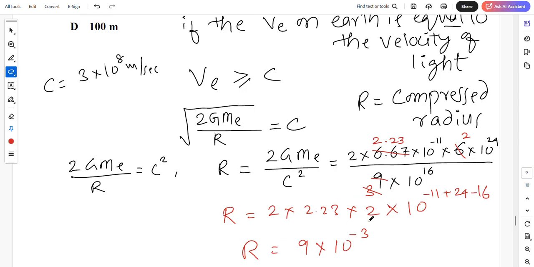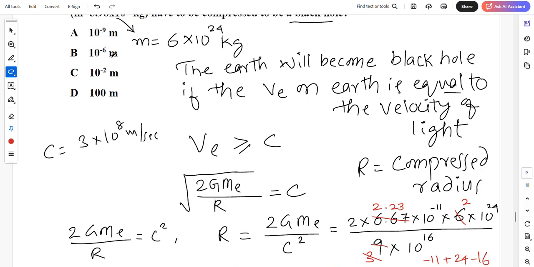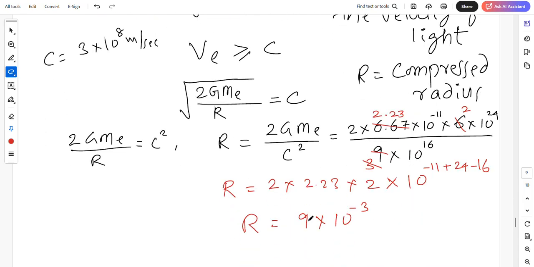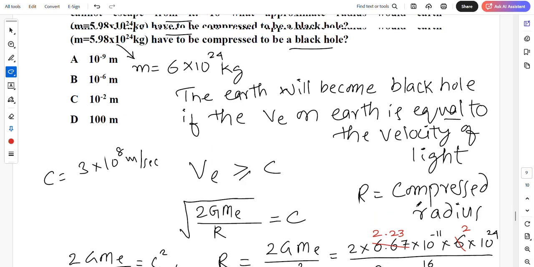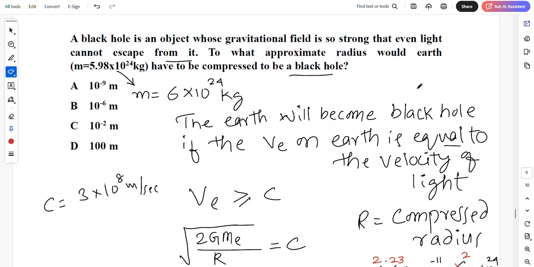Let us see the answers. How much is the radius given? Approximately I can write this as 10 into 10 to the power of minus 3, that is equal to 10 to the power of minus 2 meter, which is the right answer. So what is the compressed radius of the Earth?